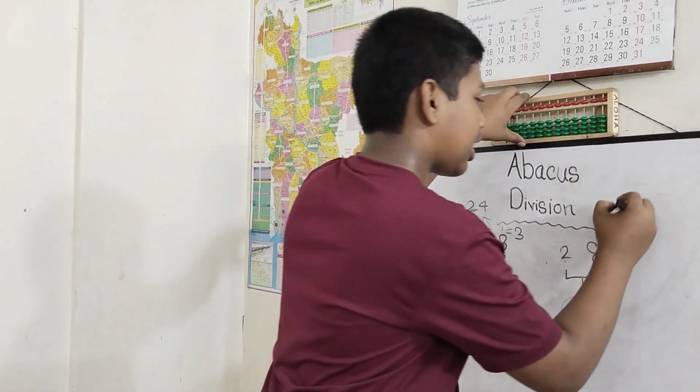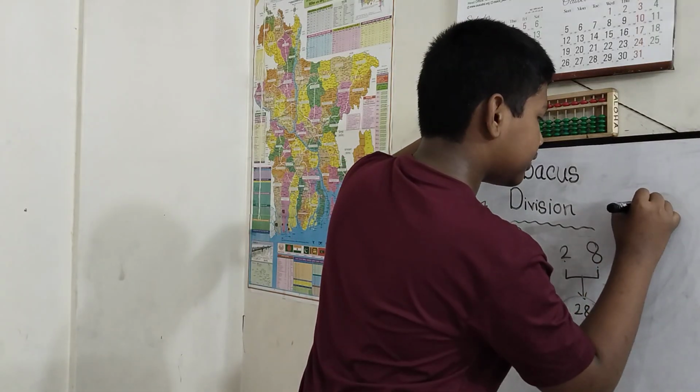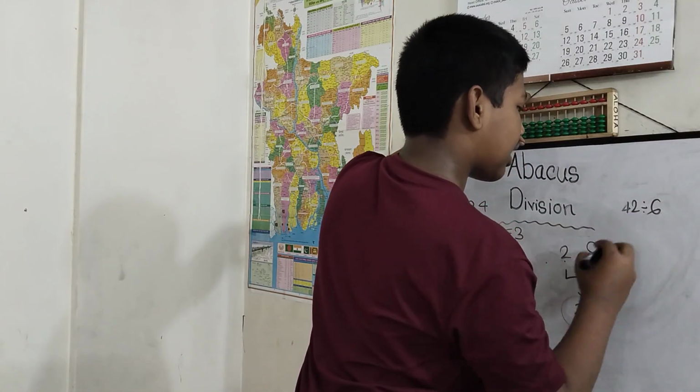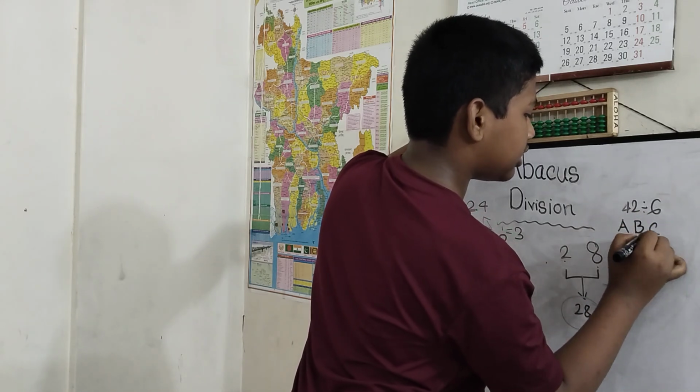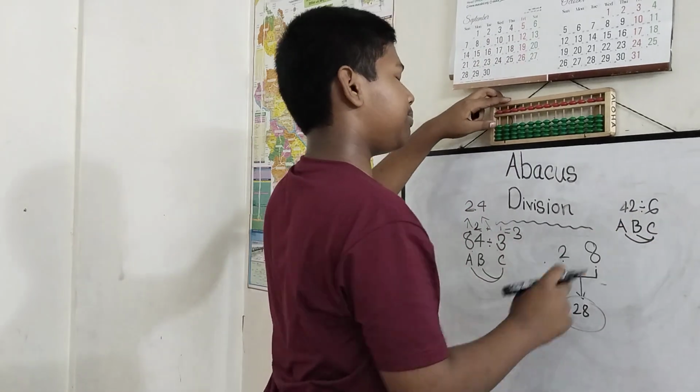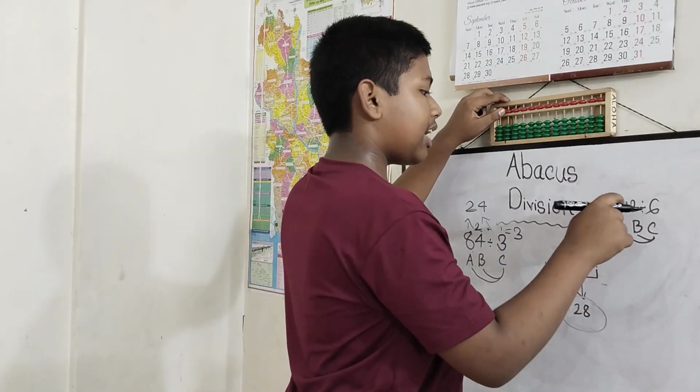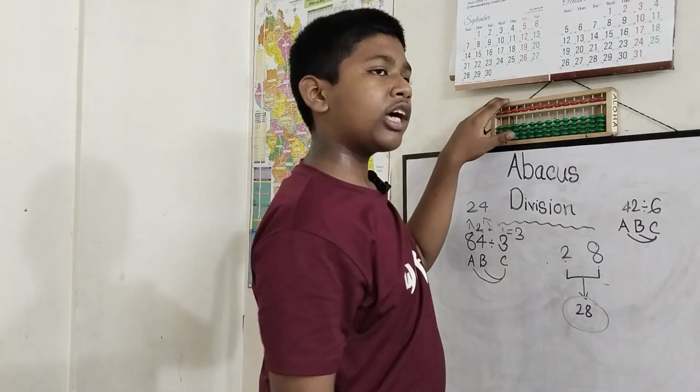You can just do like 42 division 6. Now let's give them symbols A, B, C, A with C, B with C. So A with B, and let's see that C and A do not actually meet up.